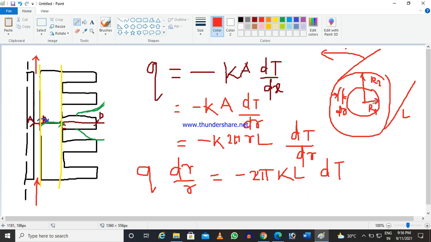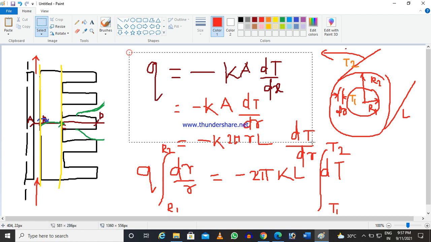Now if I consider the temperature at the inner surface is T1 and the outer surface is T2, then if I do the integration from R1 to R2, this will be from T1 to T2. It's a very simple integral.